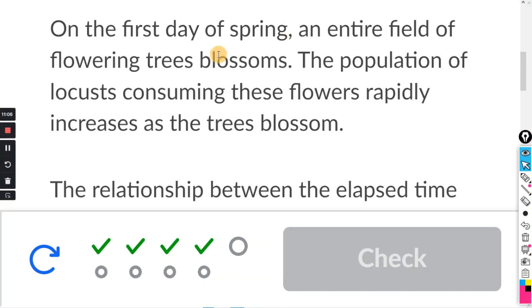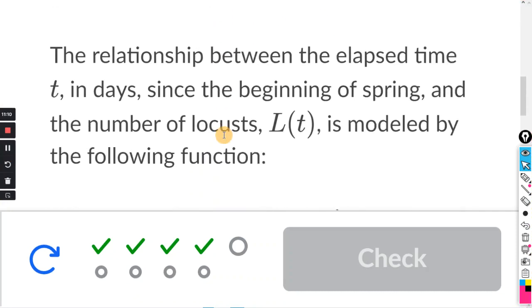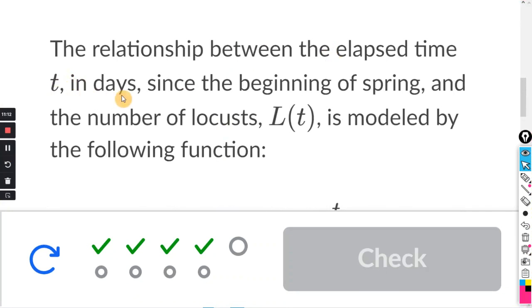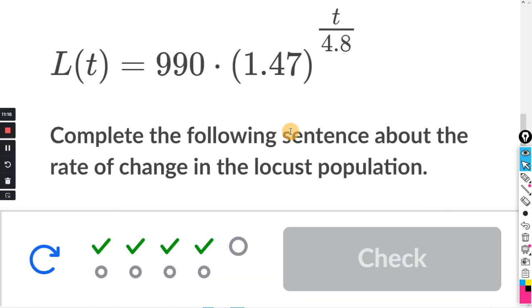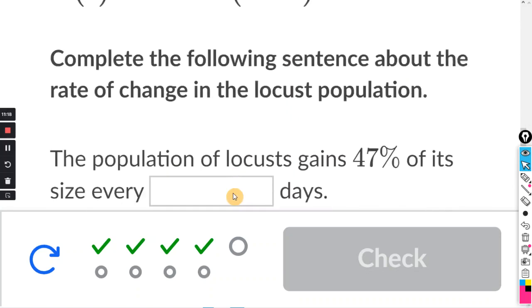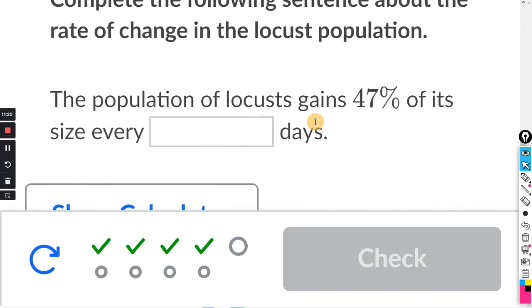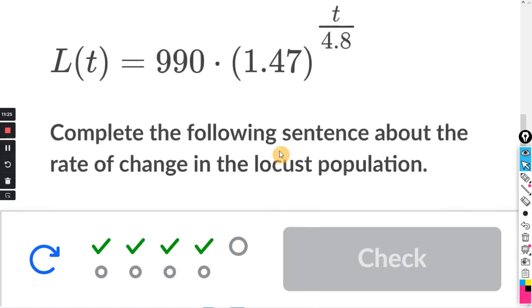All right, first day of spring, entire field of trees blossoms. This relates elapsed time t in days. L is the number of locusts. Complete the following sentence about the rate of change. The population of locusts gains 47% every blank days.